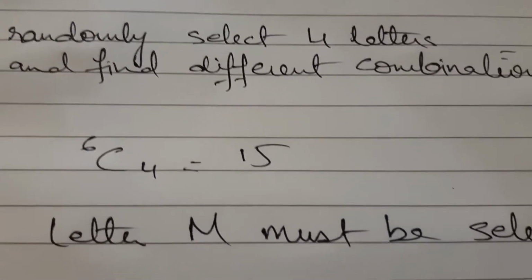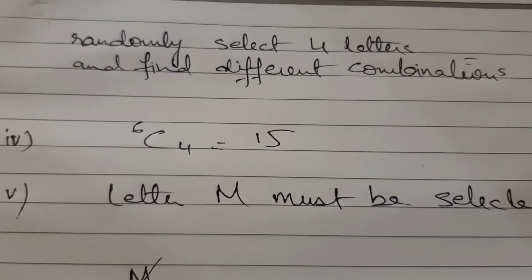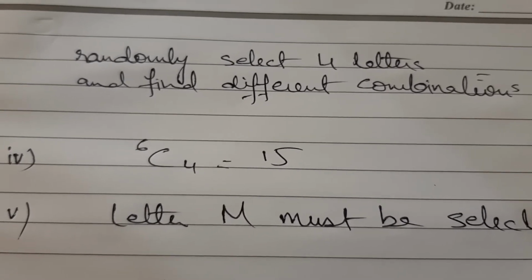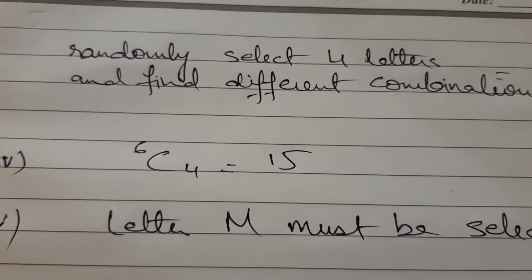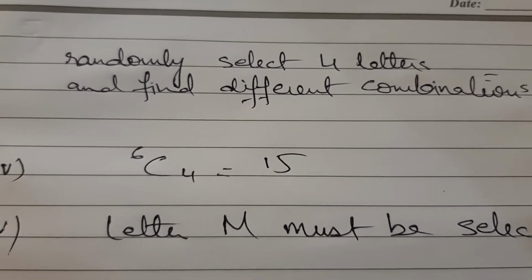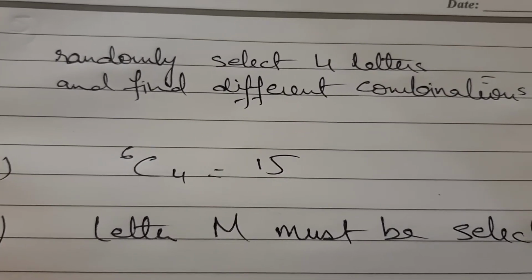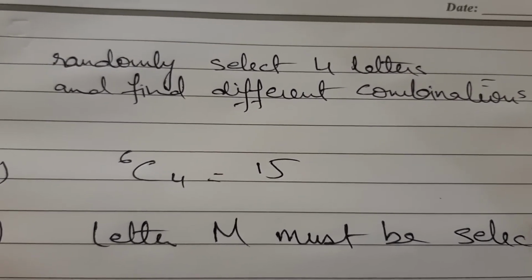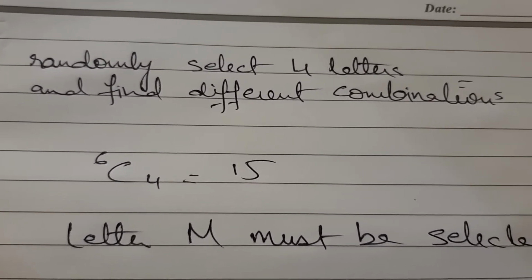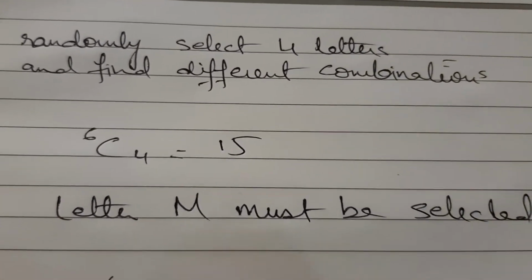And the last part is saying letter M must be selected. Now letter M must be selected among those 4, but what is the place of it you don't know. The letter M must be selected, and place doesn't matter because we are talking about selection here, right?